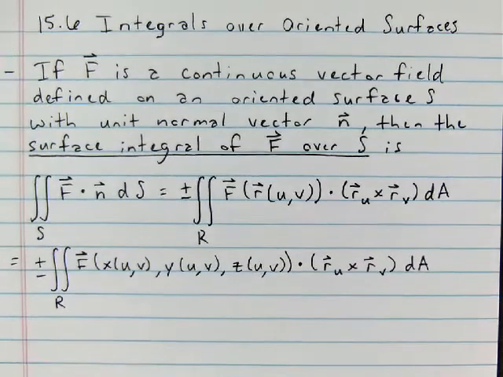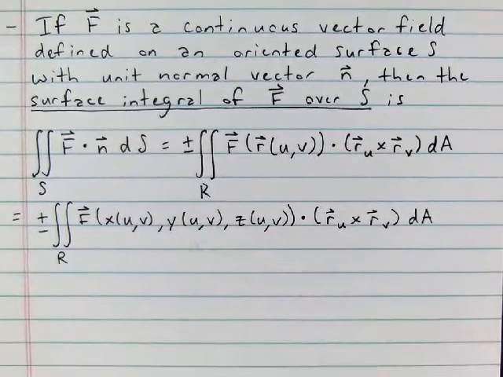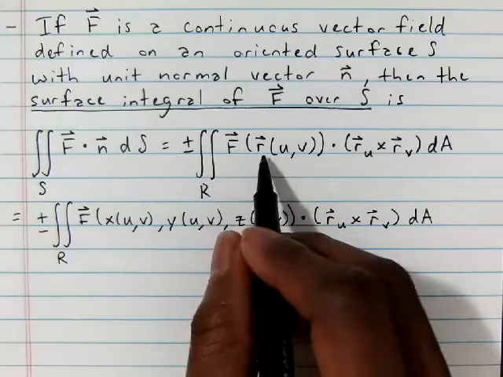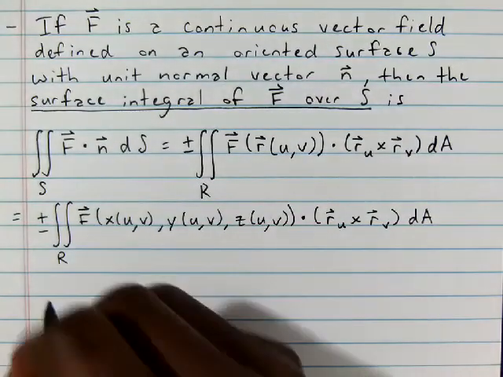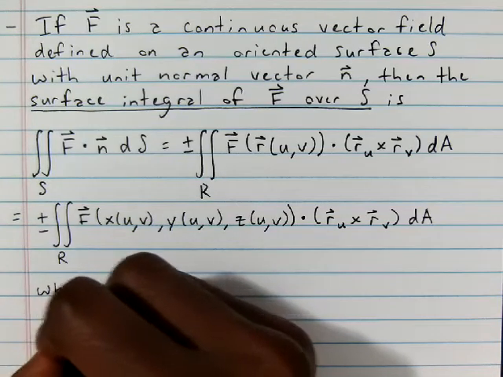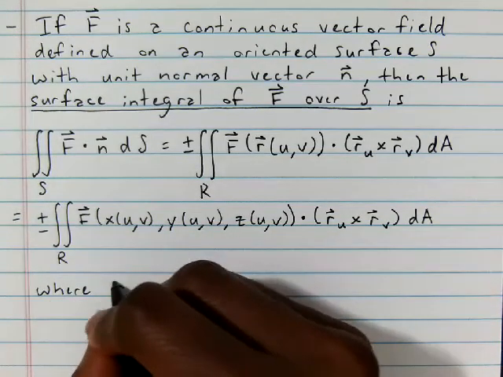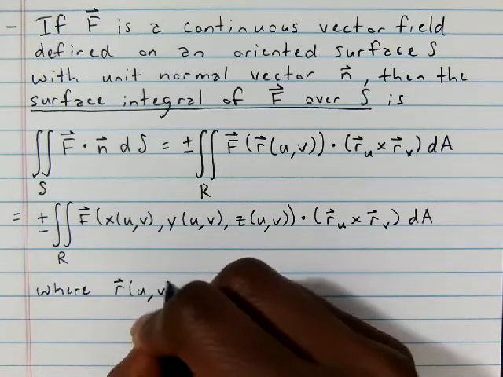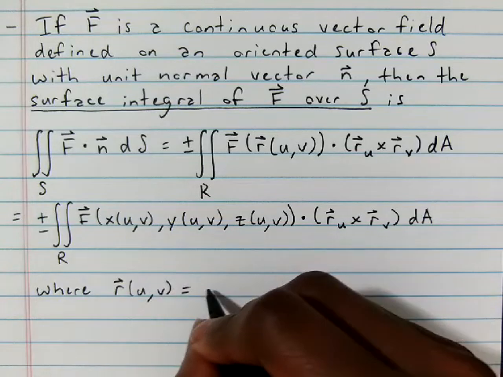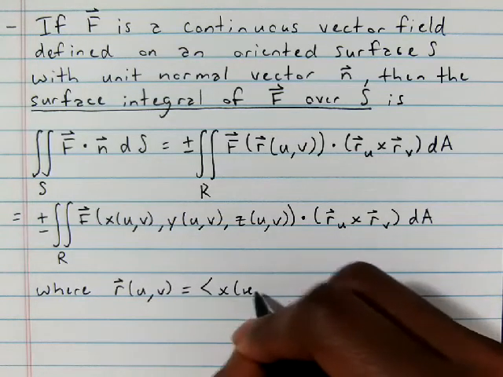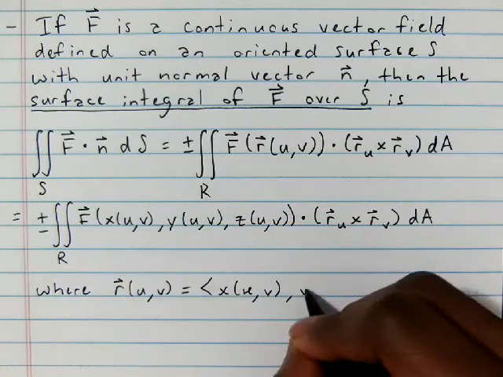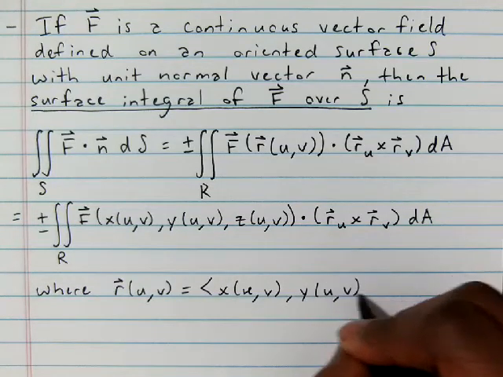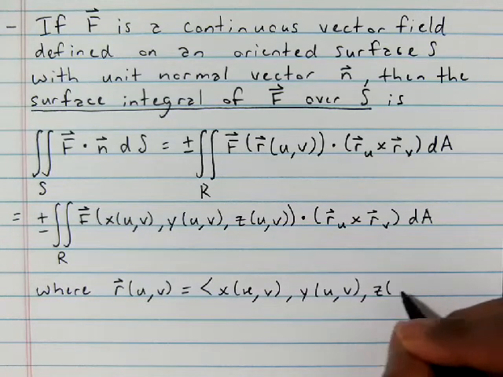Now we'll specify what the capital R and the lowercase r are, where r of u, v equals x of u, v, comma, y of u, v, comma, z of u, v.